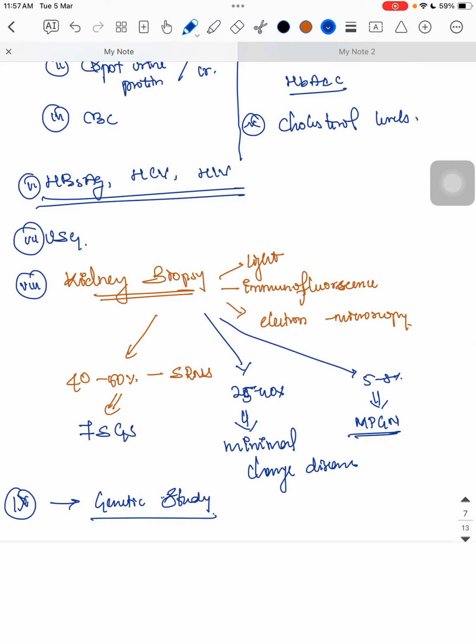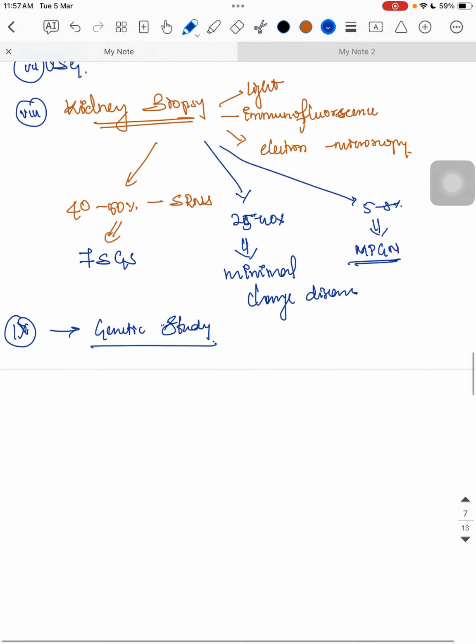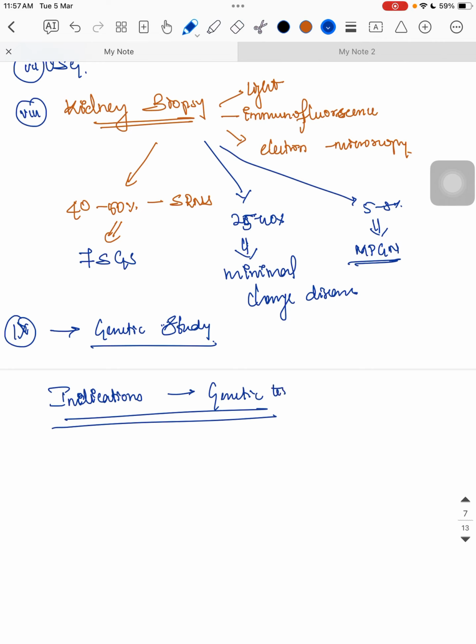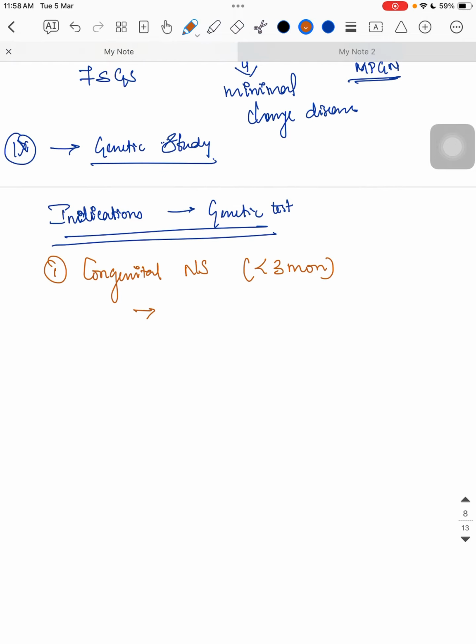Genetic study indications: when the child is having a congenital nephrotic syndrome. What is congenital nephrotic syndrome? When a child presents with the features of nephrotic syndrome in less than 3 months of age, it is called congenital nephrotic syndrome. Here you can find mutations in genes such as NPHS1, NPHS2.